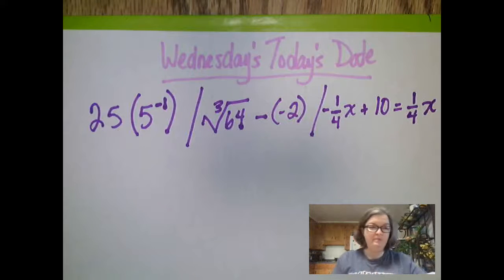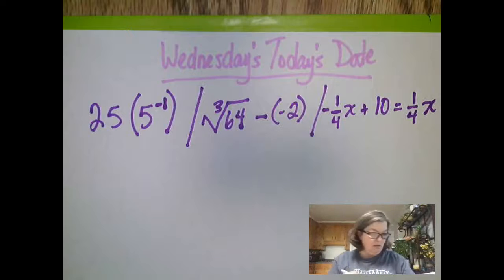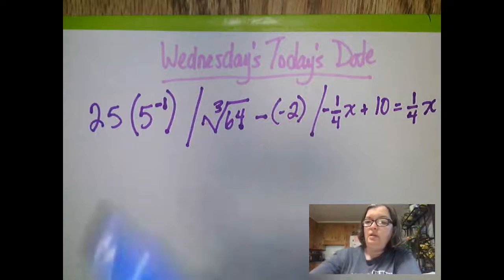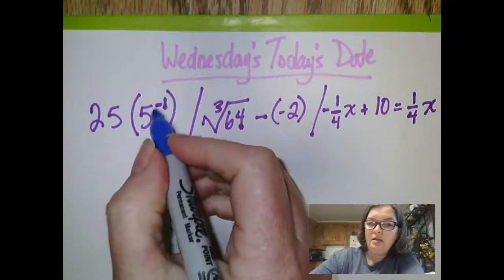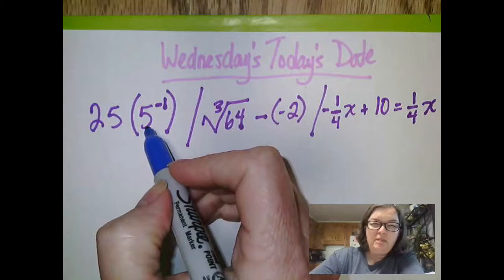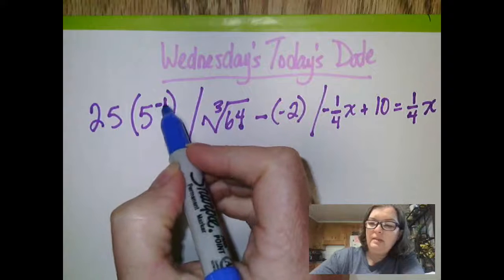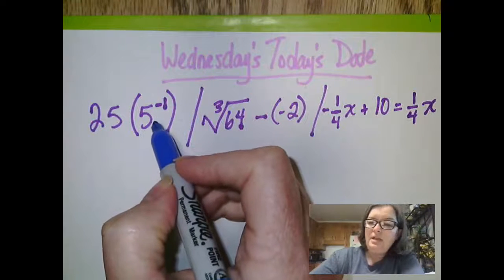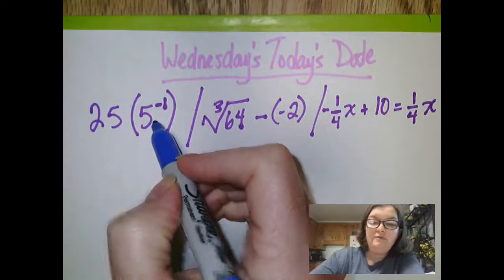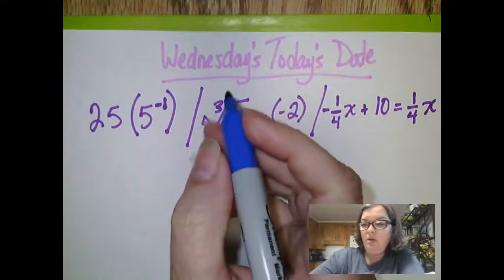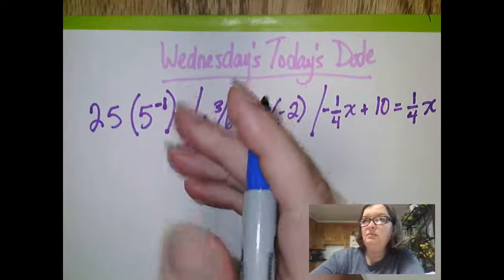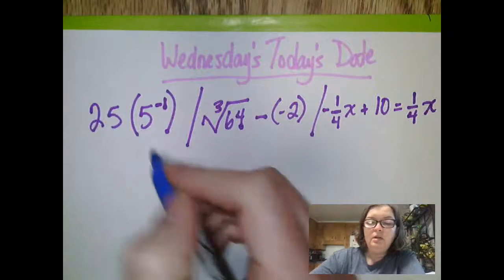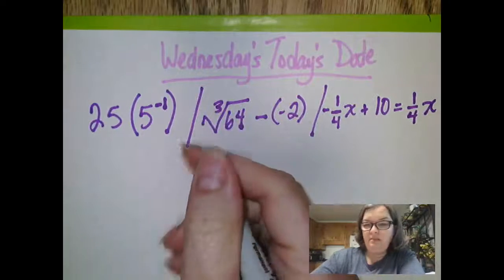Alright, y'all ready to see them worked out? Let's change some pen color here. Handy dandy blue. Alright, so we already know how to multiply 25, but we've got to figure out what this is. Well, I think we mentioned it before. Whenever you've got an exponent that is negative, that means that this is a fractional value, where instead of multiplying by this number, you're dividing by this number.